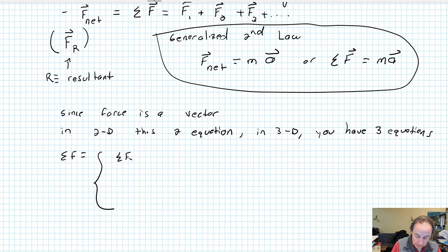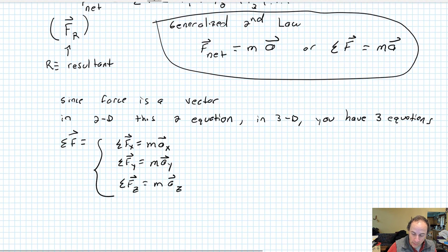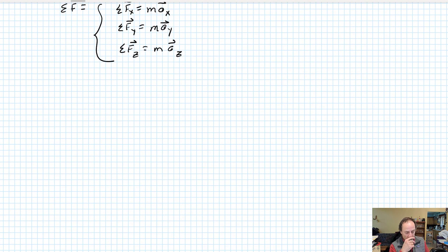Some of the forces in the X, some of the forces in the Y, and some of the forces in the Z. All right, so let's see how to apply this.